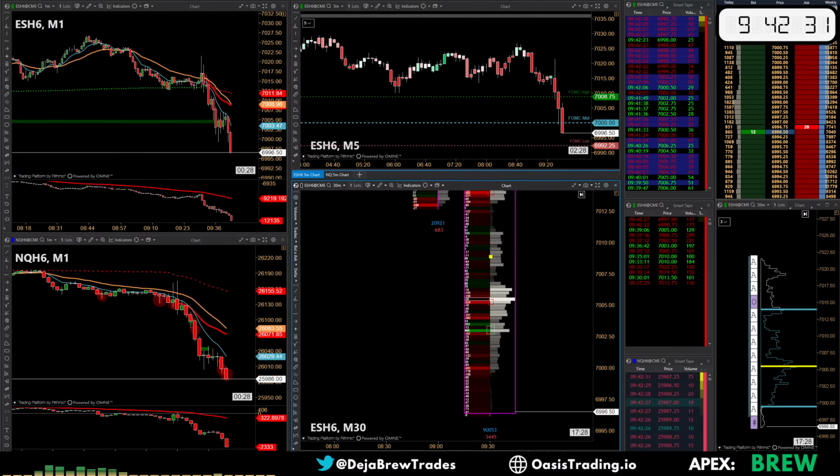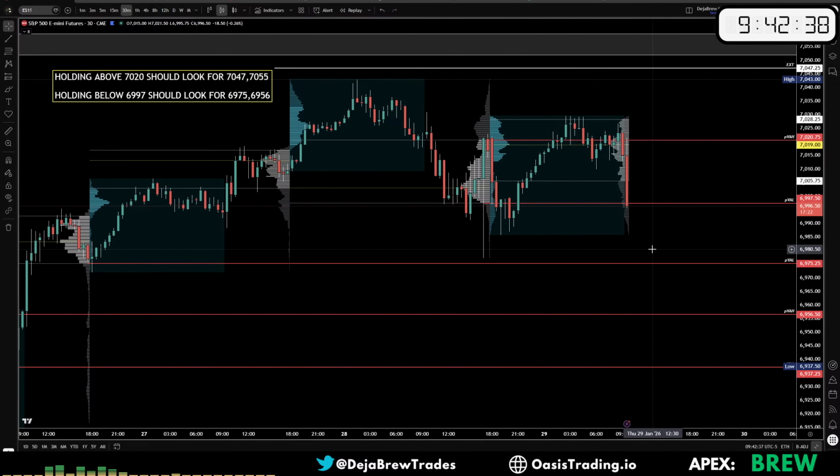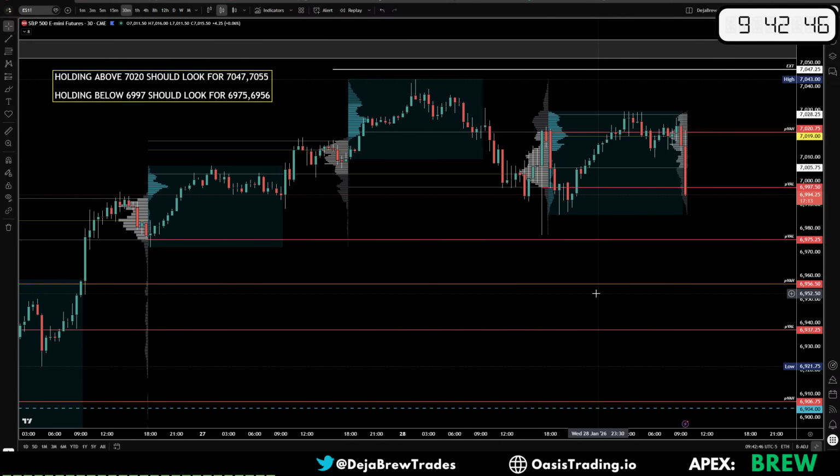And here is that 97. So now the complete retrace of yesterday is done. Now we have the overnight low, possibly around 85. Then you have more value at 75 and 55.